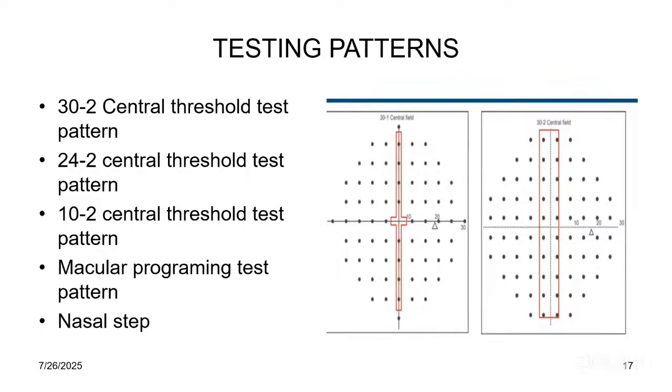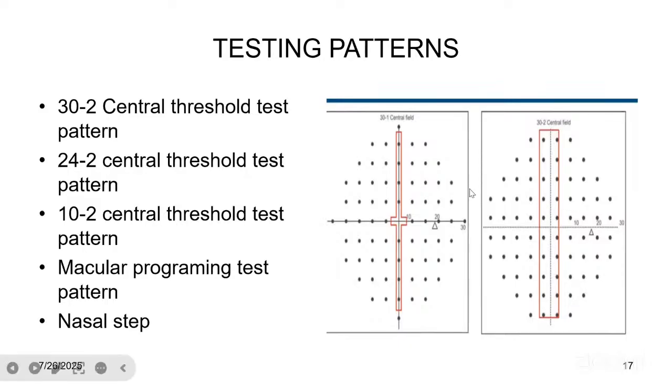That's why the -2 central field is preferred, because the points are not found on the vertical and horizontal lines. Rather, they straddle the line of fixation, so you know particularly which side of the field a point belongs to.